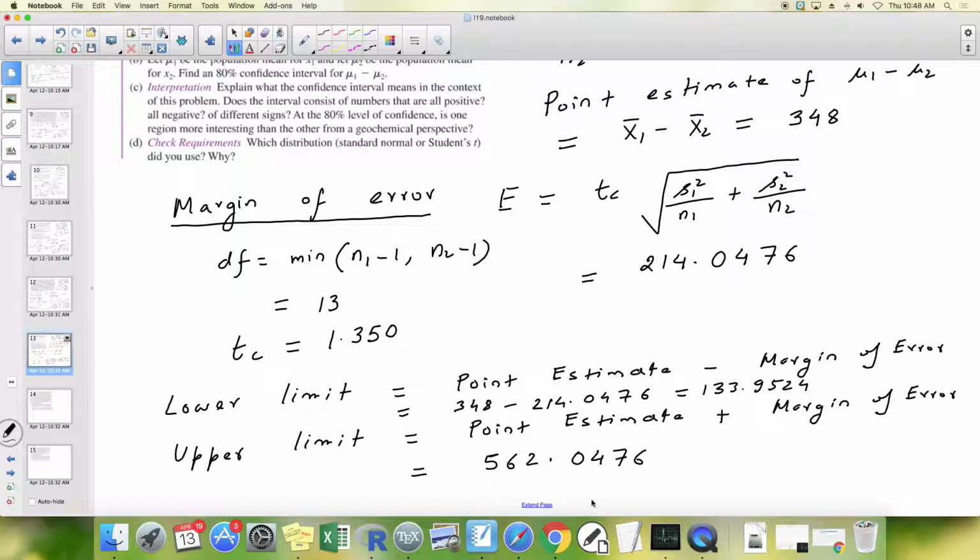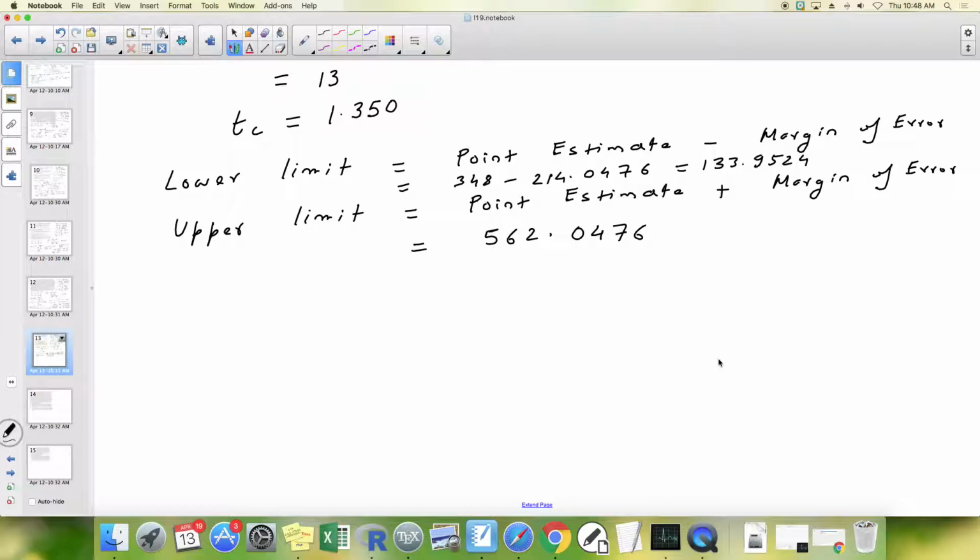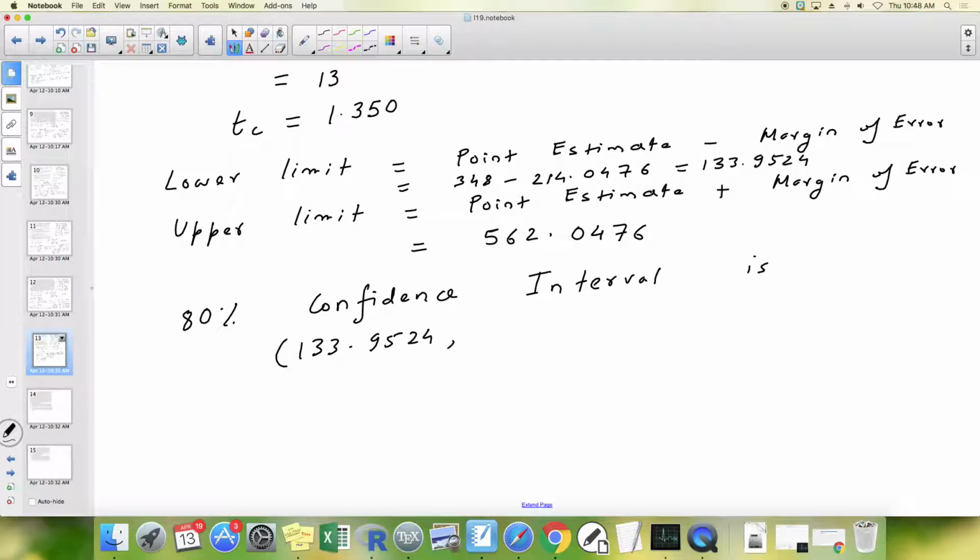So what's the confidence interval? So 80% confidence interval is 133.9524, comma 562.0476.